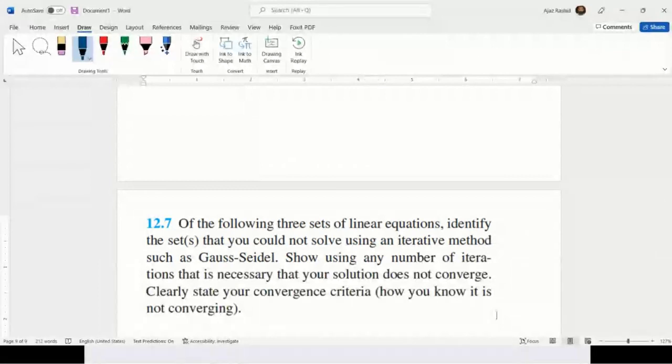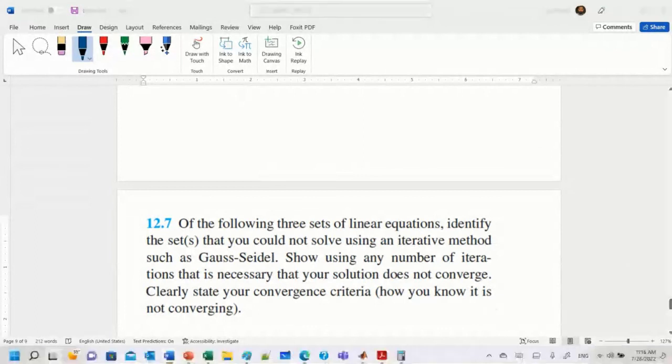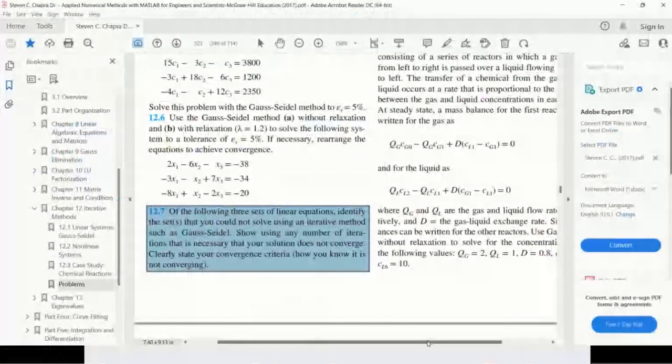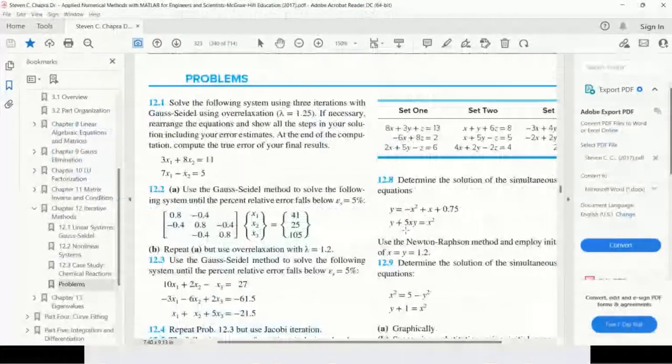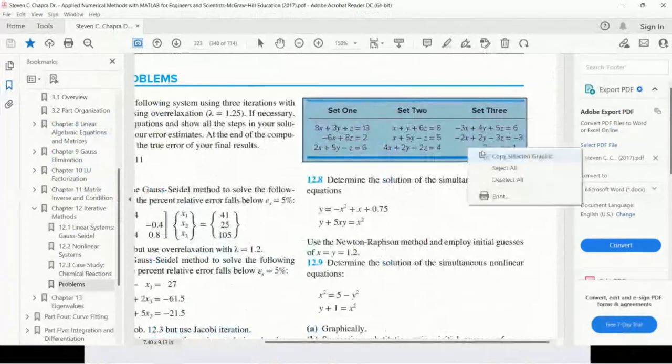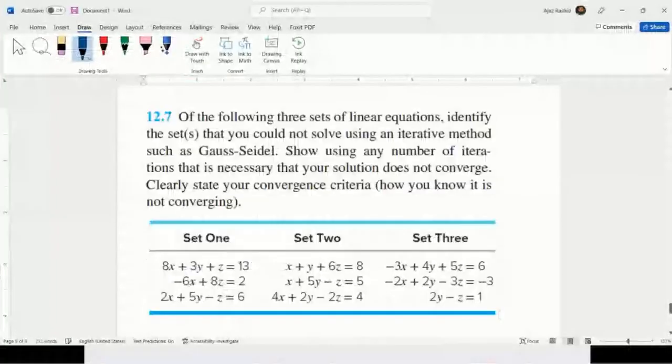Show using a number of iterations that it is necessary that your solution does not converge. Where are the three sets of equations? Okay, so set one.